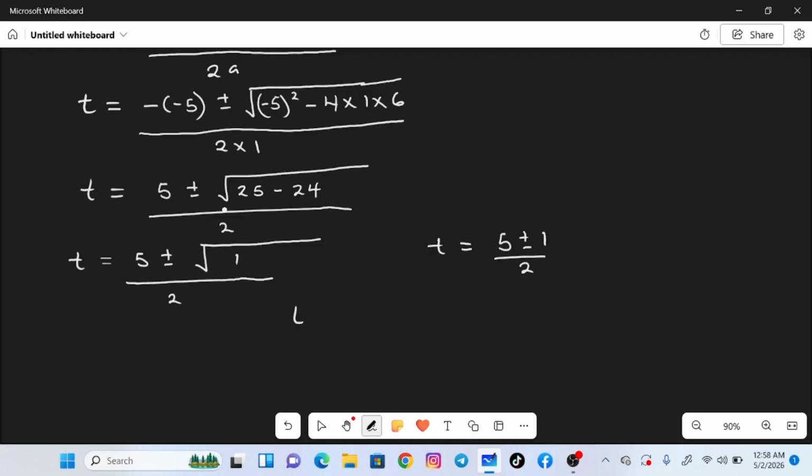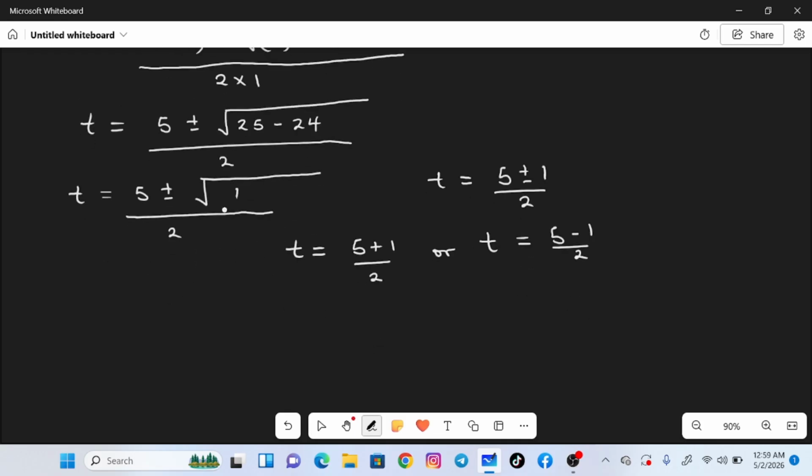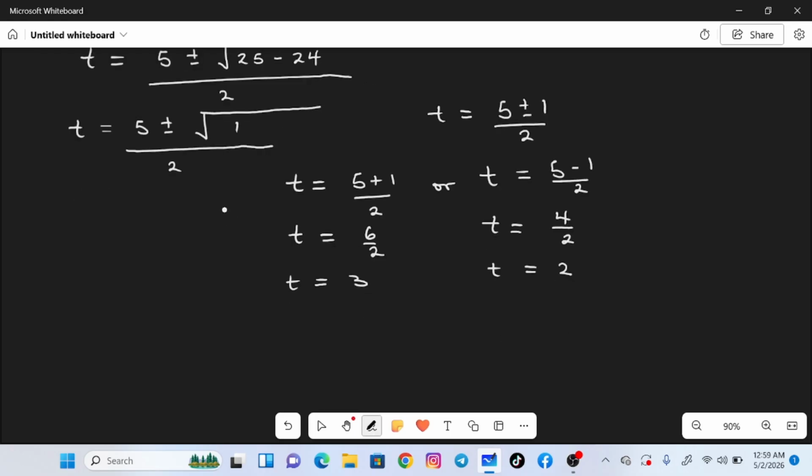So t equal to 5 plus 1 over 2, or t equal to 5 minus 1 over 2. T equal to 6 over 2, and t equal to 3, or t equal to 4 over 2 and t equal to 2.